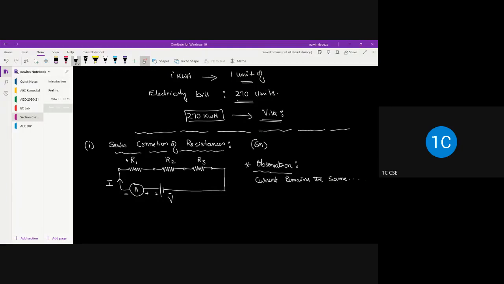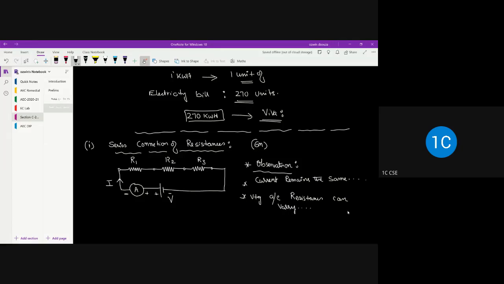On the other hand, when this current flows through R1, it gives a voltage drop of I into R1. Similarly, when this current flows through R2, it gives a voltage drop of I into R2. So that means to say the voltage across resistances can vary.